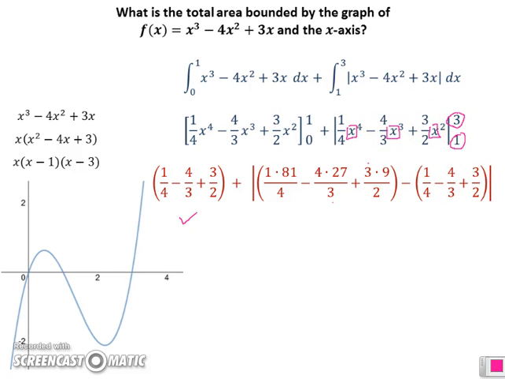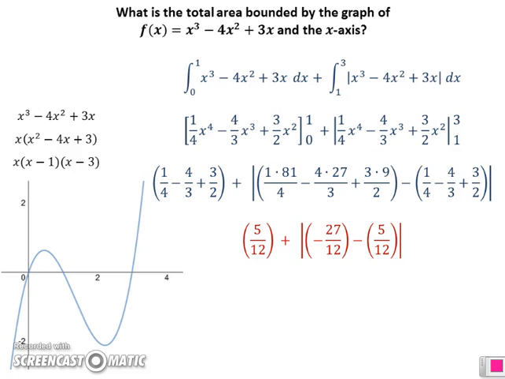And I'm a big fan of not using a calculator, so we're going to do all of this by fractions. So we can get a common denominator. 4, 3, and 2 is 12. And if you simplify, I love that I skipped that step. Simplify, so this would be 3/12 minus 16/12 plus 18/12 for that one.